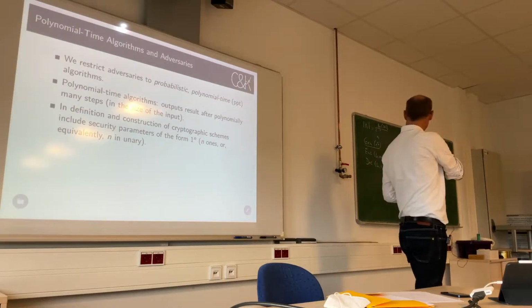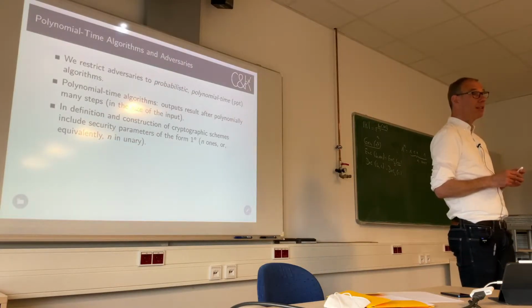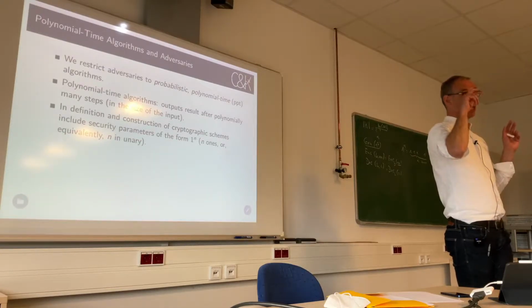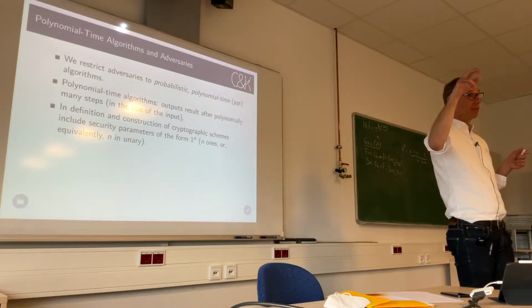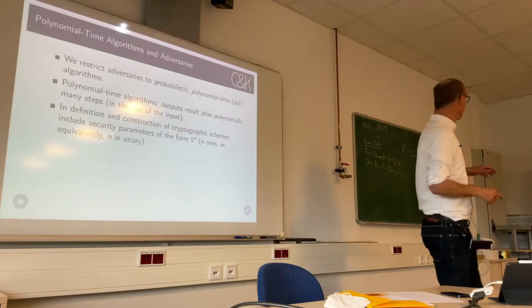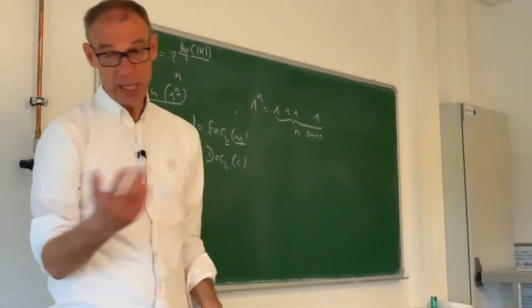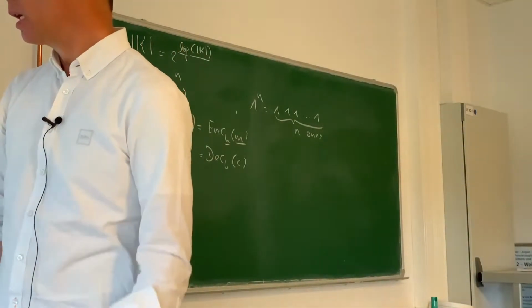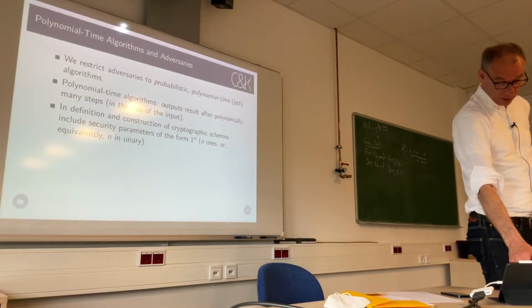If I say the security is, say, 80, then in the concrete setting, which I'm not going to use, this could mean that no adversary that has at most 2 to the 80 steps should be able to do anything useful. Here we will say anything that is polynomial in n can do something useful, and for key generation the algorithm runs in polynomial time. So this is what we'll see in my definitions later on.